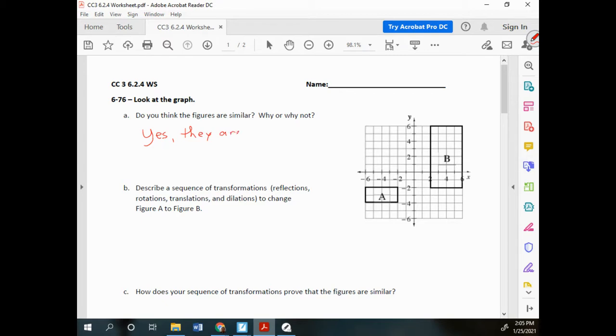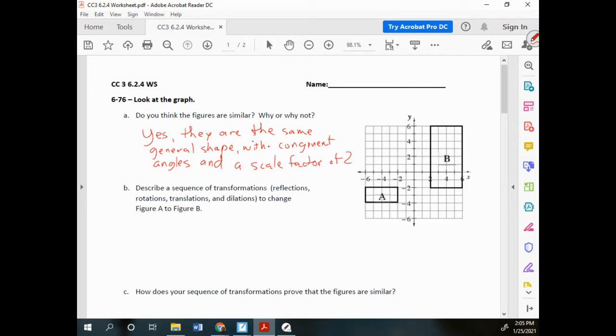They are the same general shape, with congruent angles and a scale factor of 2.